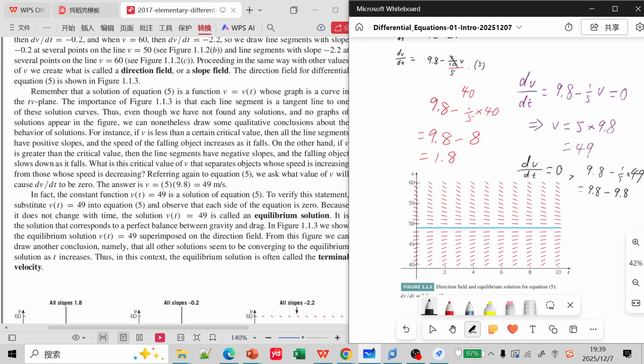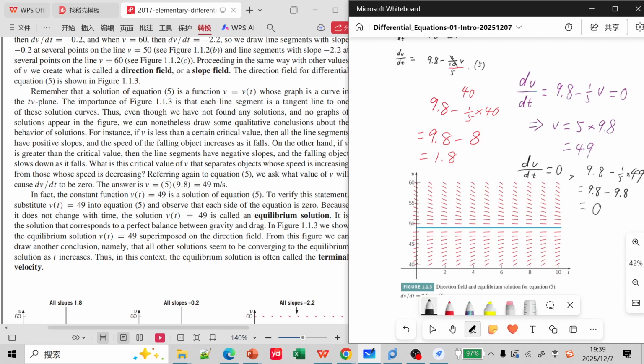So we divide 49 by 5, which is equal to 9.8. And then this is equal to 0.